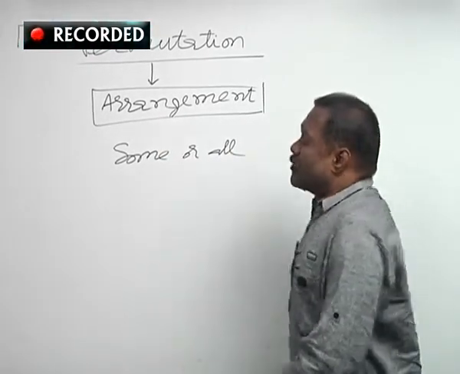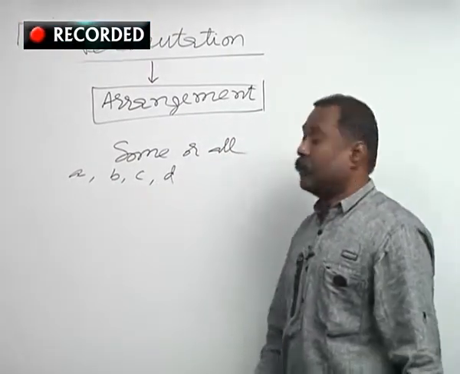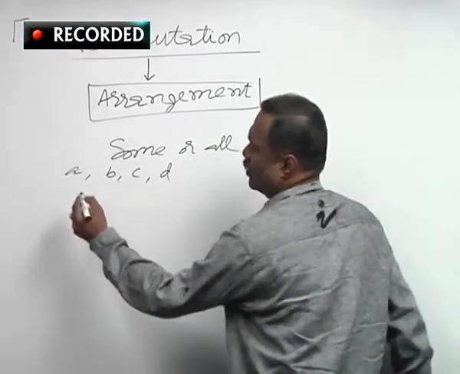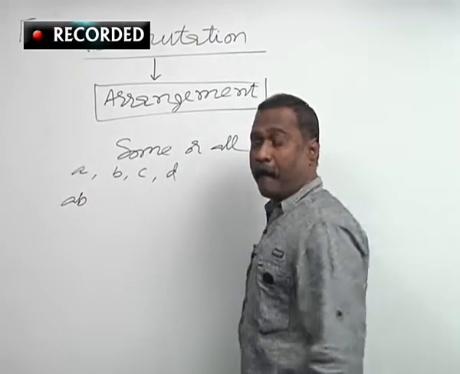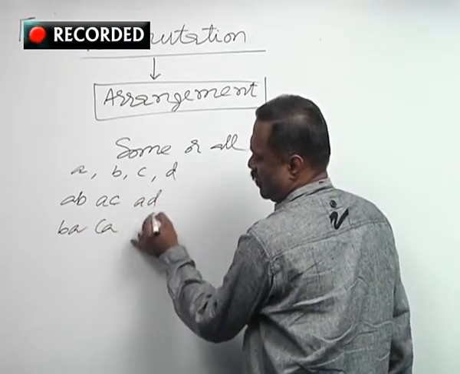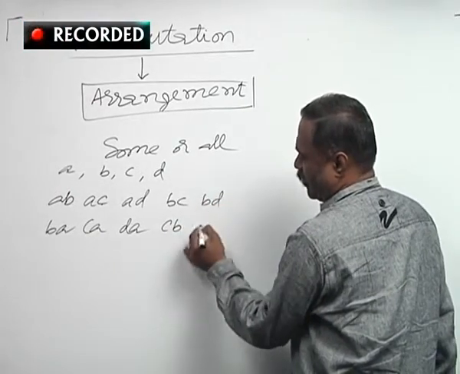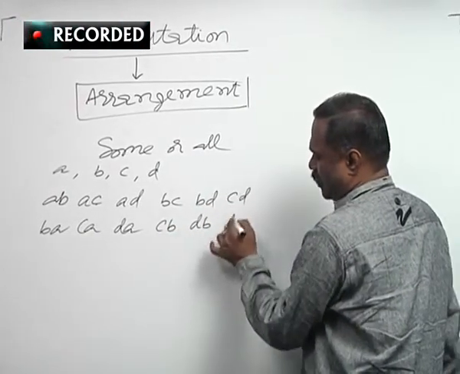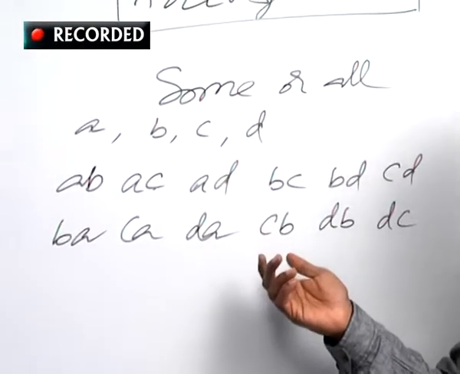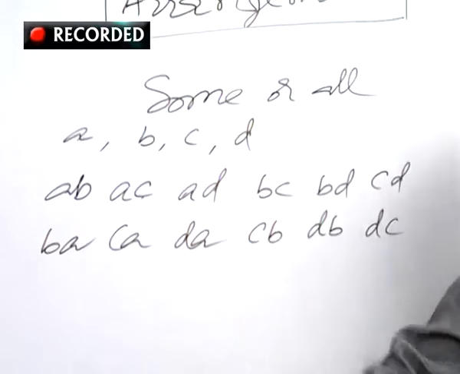So if you take ABCD, two letters at a time, and arrange them, AB can be written as BA, AC as CA, AD as DA, BC as CB, BD as DB, and CD as DC. These many different arrangements we can make by taking two at a time from ABCD.